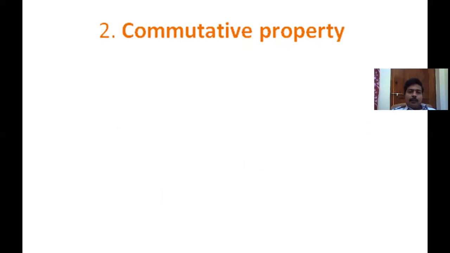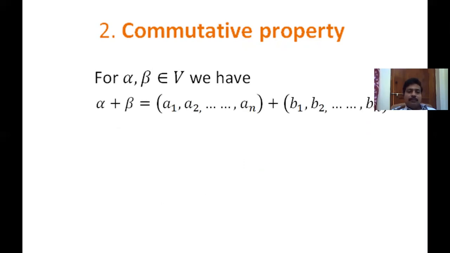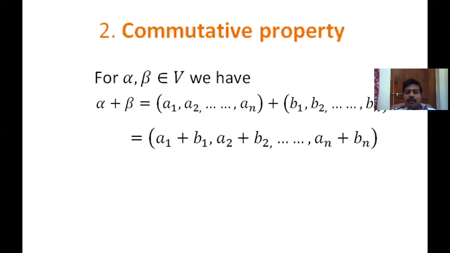The next, the second one, commutative property. For alpha, beta belongs to V, we have alpha plus beta is equal to, again alpha is A1, A2 and so on An, and beta is B1, B2 and so on Bn. After adding these two, you will get A1 plus B1, A2 plus B2 and so on An plus Bn. That is equal to, you can interchange A1 plus B1 as B1 plus A1, since these are real numbers, and real numbers hold the commutative property.